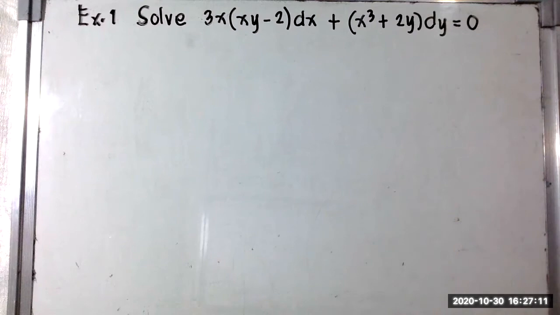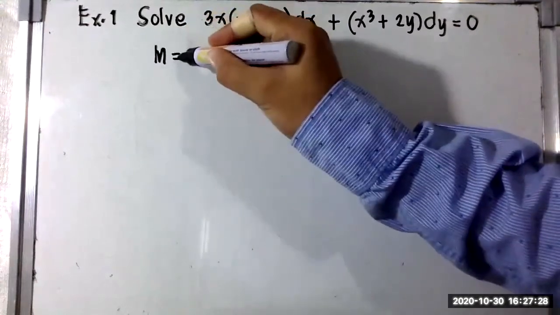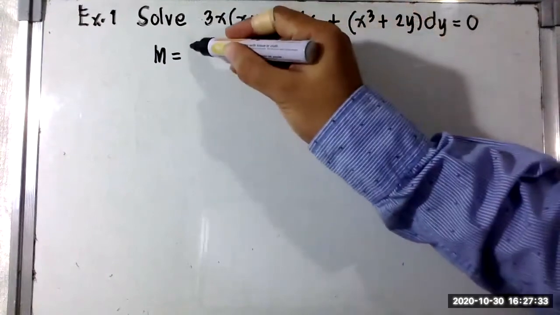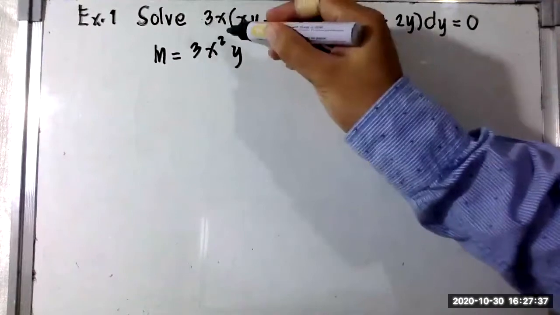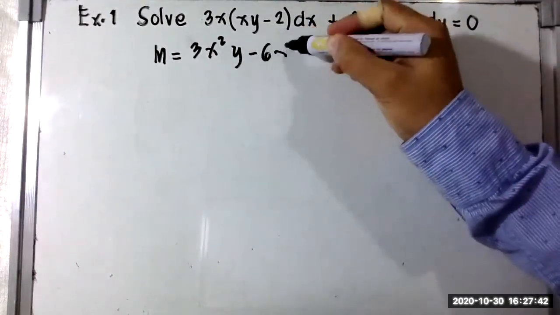Example number 1. Solve 3x times the quantity xy minus 2 dx plus the quantity x cubed plus 2y dy equal to 0. So let's test this DE for exactness. We have M equal to, distributing 3x, 3x squared y minus 6x.